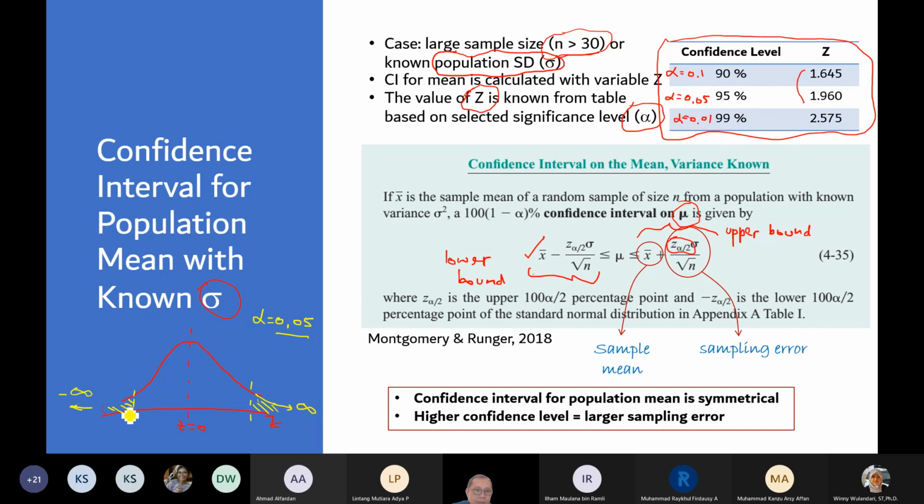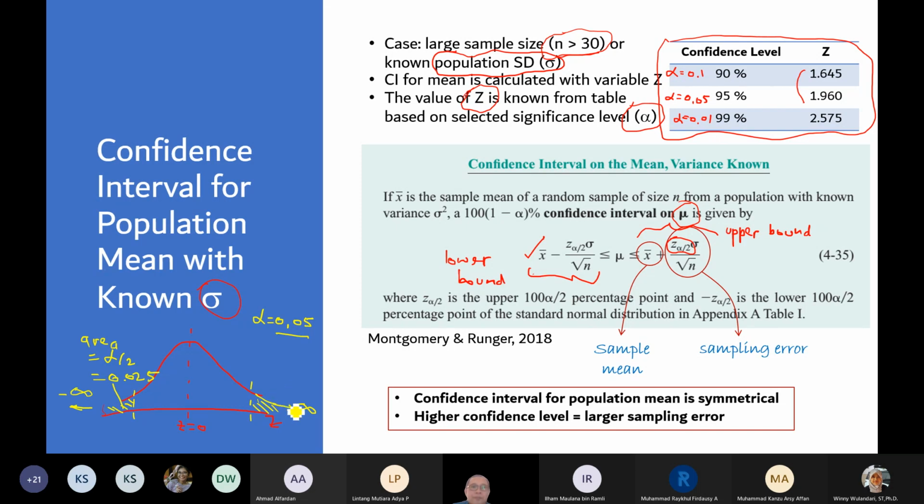On the left-hand side here, the area is alpha divided by 2, half of alpha, which is 0.025.